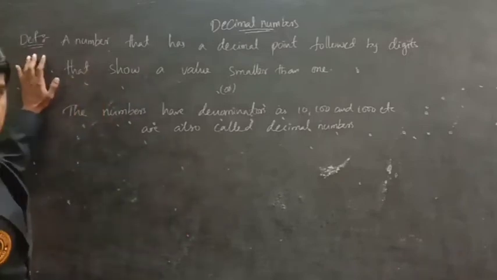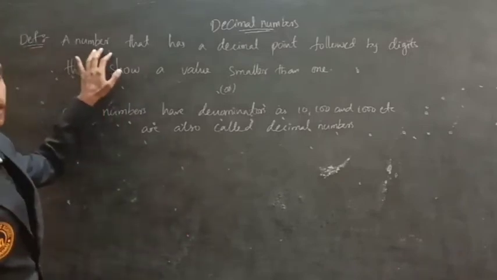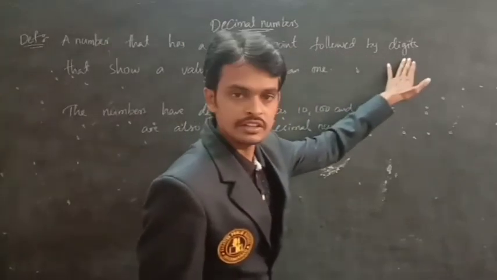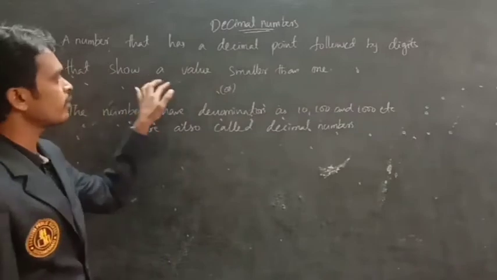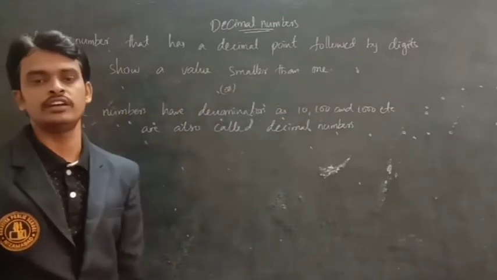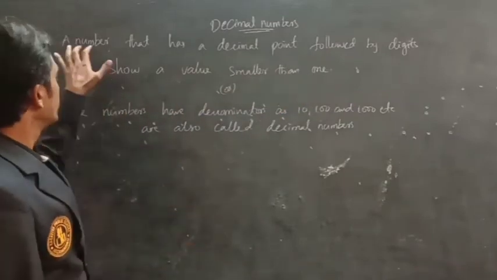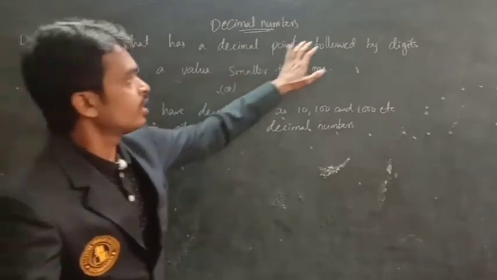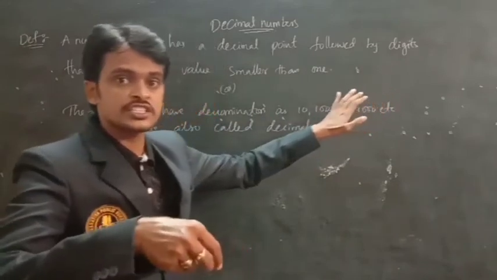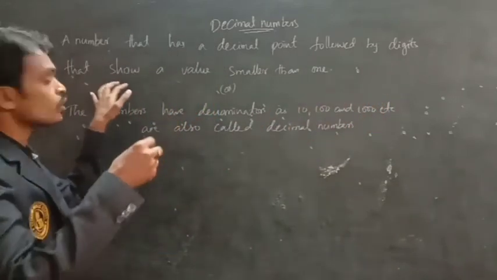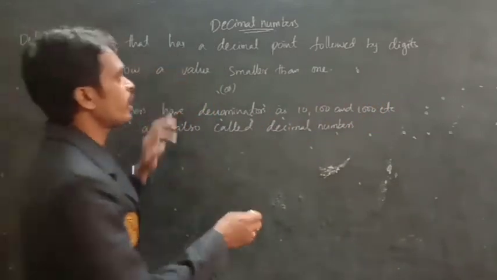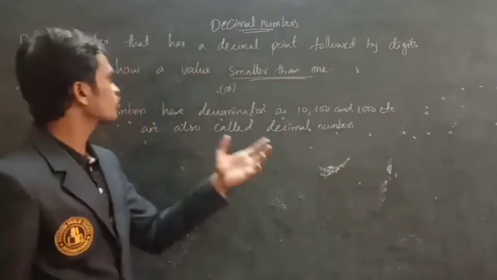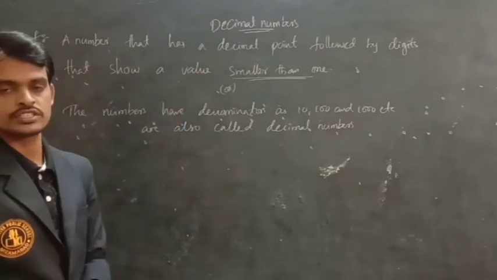The definition of decimal numbers: a number that has a decimal point followed by digits that show a value smaller than 1. So the number that has a decimal point followed by digits, where the value shown is always smaller than 1, is called a decimal number.